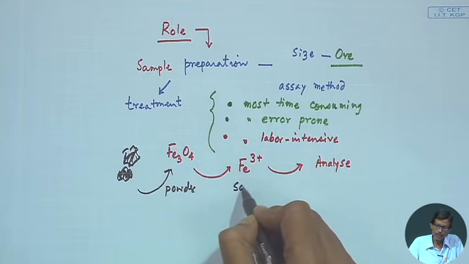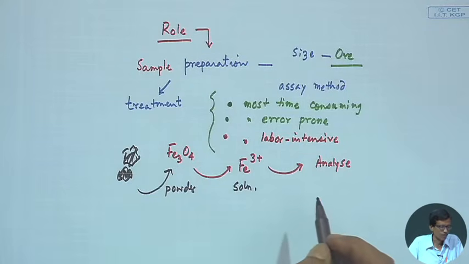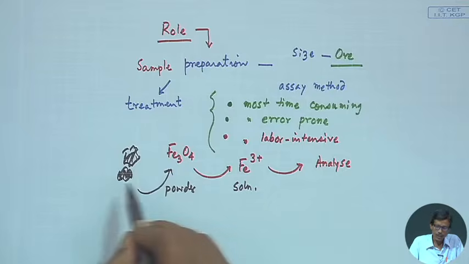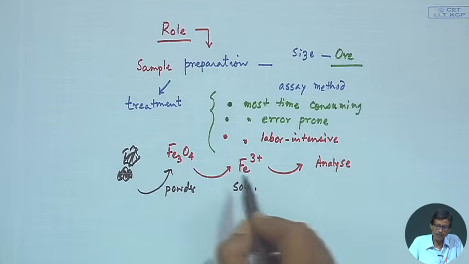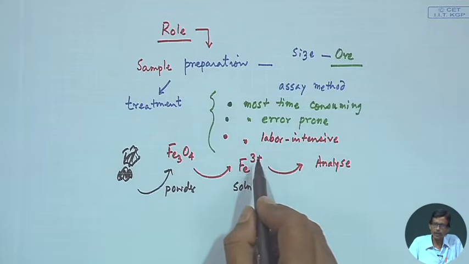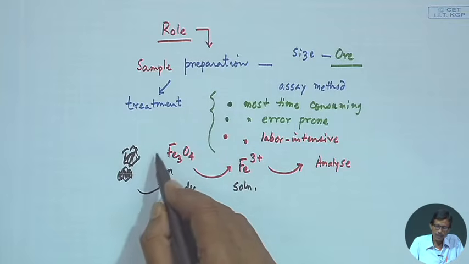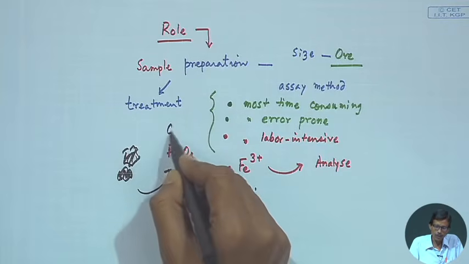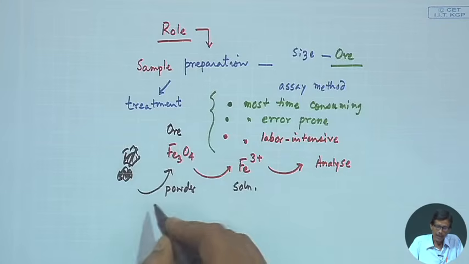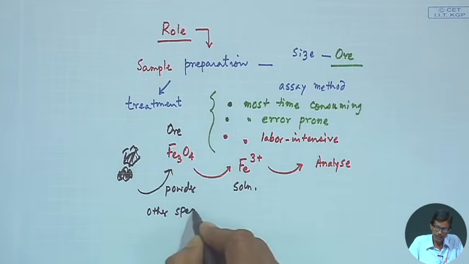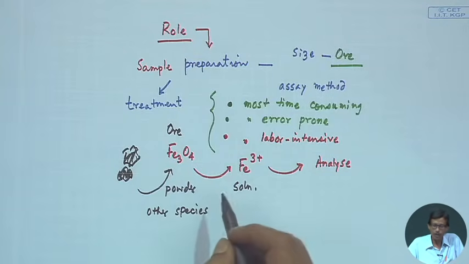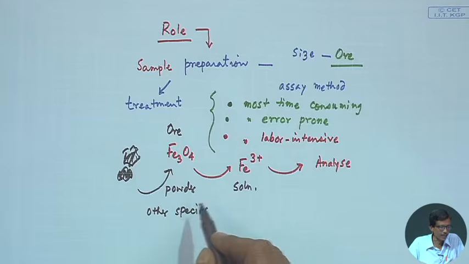So, this Fe3+ will be in solution. During this process, we are looking for Fe3+ only, but this particular ore sample can have other species present, and sometimes some valuable components are also present.